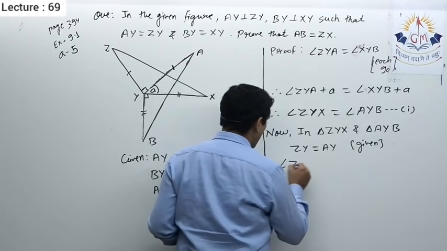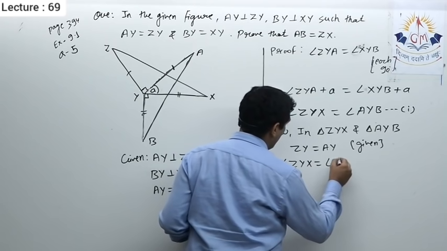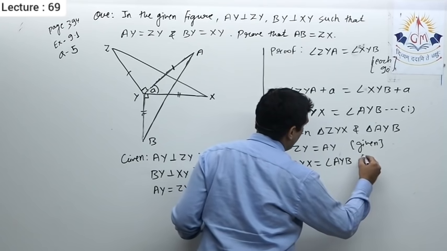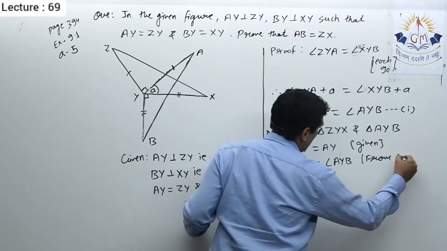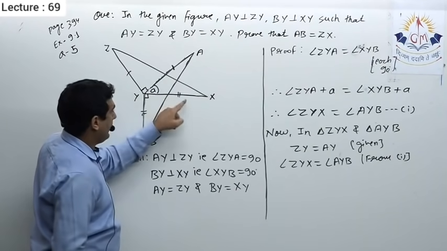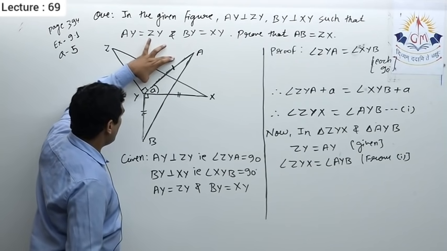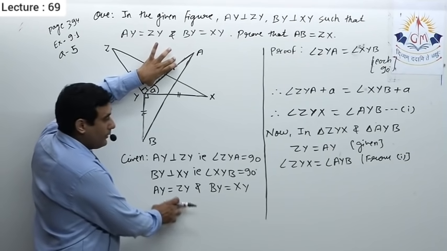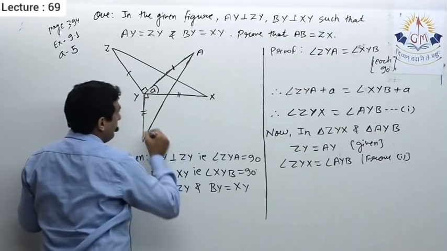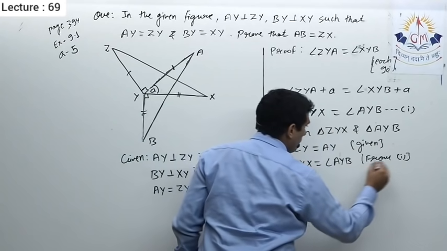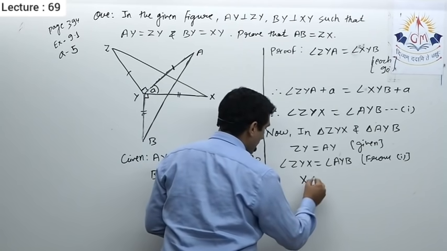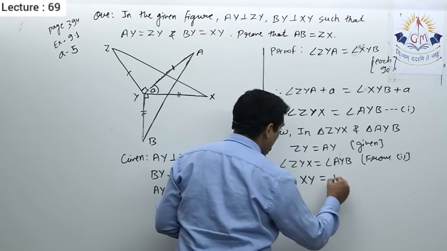Then angle ZYX is equal to angle AYB from 1. I am talking about these triangles: this ZY is equal to this AY, it is given. Then angle ZYX is equal to angle AYB, which I have already proved from 1. And finally I will write the third side, XY is equal to BY. That is again given.